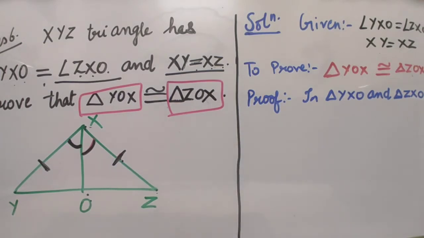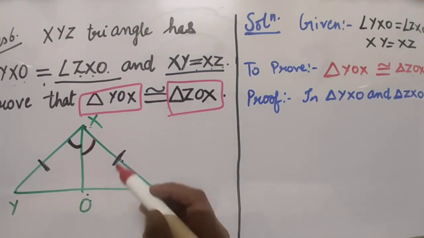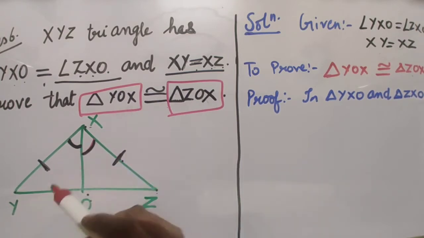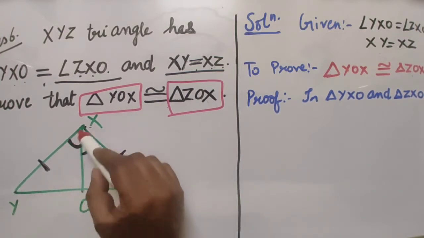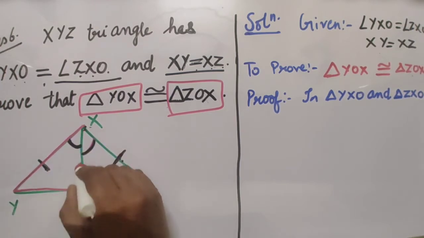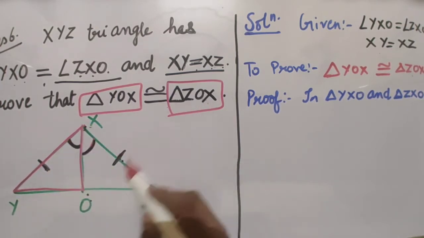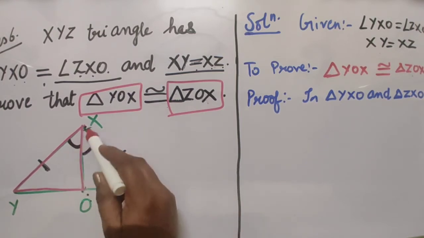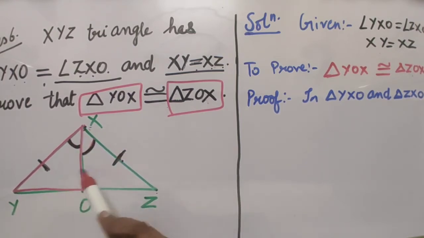So let us see which triangle is YOX. Here we can see this is the triangle YOX and ZOX is the other triangle ZOX. By the different color you can differentiate both the triangles.